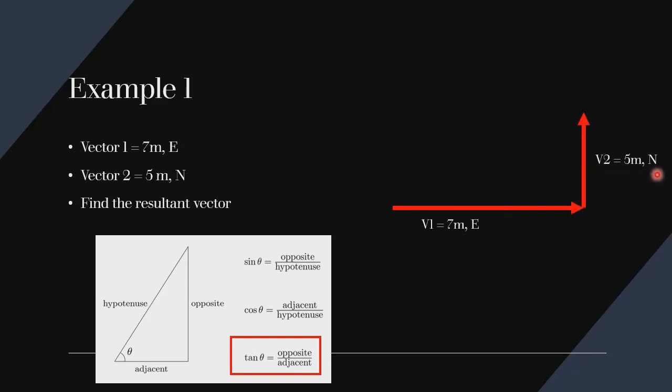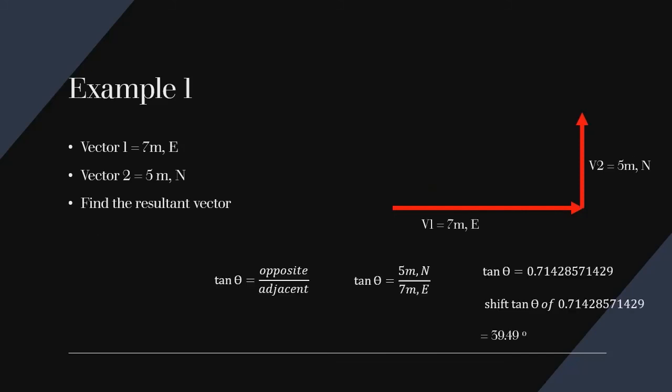And so this is now the new setup of our illustration, and we will be able now to find the tangent, because tangent theta is simply opposite over adjacent, and remember that our opposite is already 5 meters and our adjacent is already 7 meters. So we will now be able to determine the actual theta of this vector.